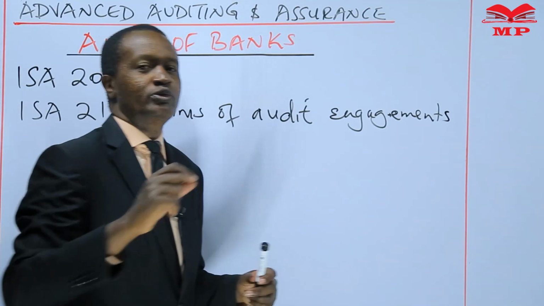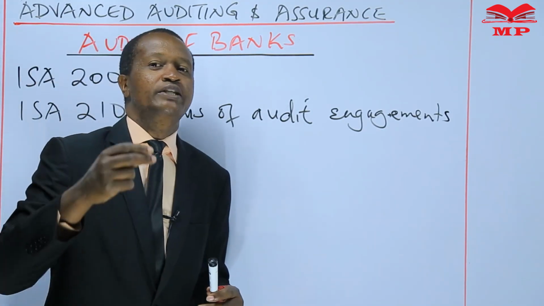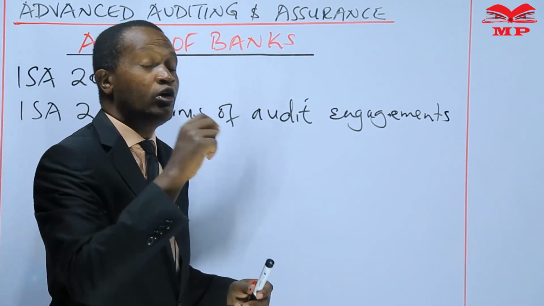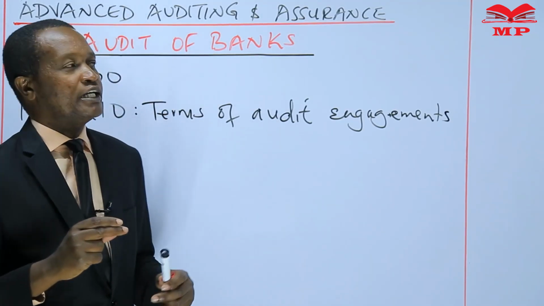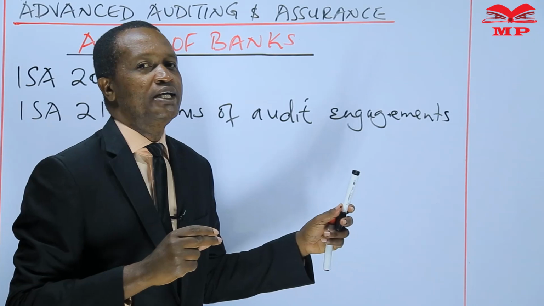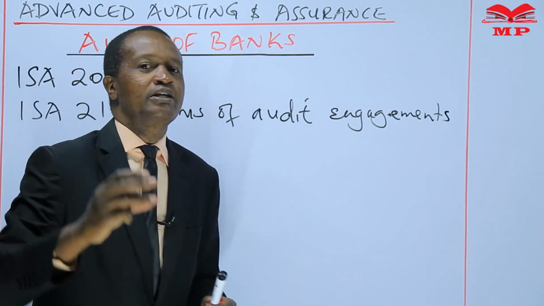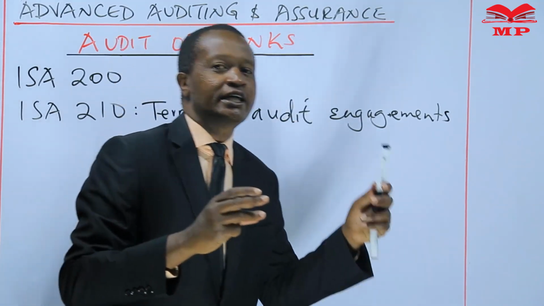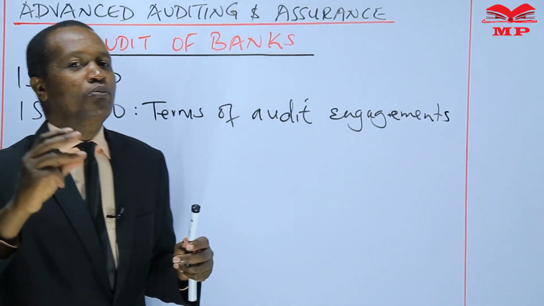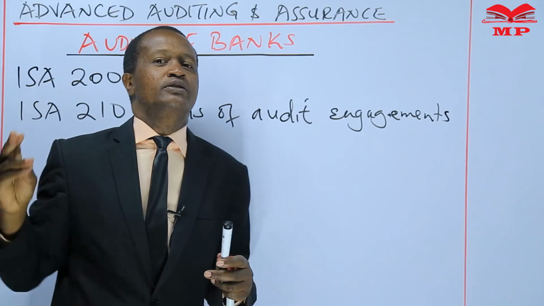The letter also documents the objective and the scope of the audit, number two. Number three, the letter documents the extent of the auditor's responsibility to the client and the form of any reports.